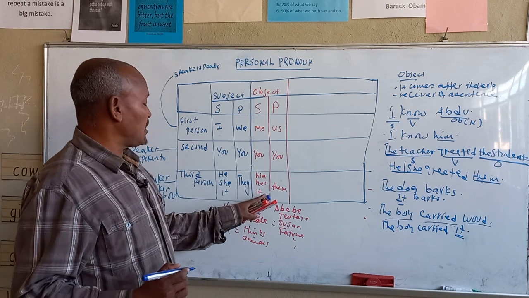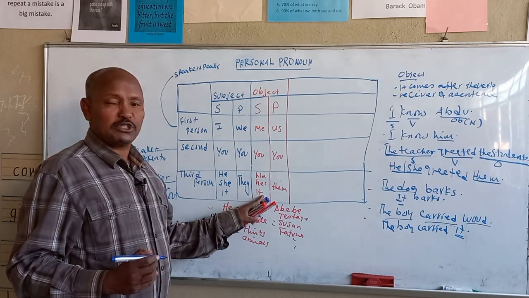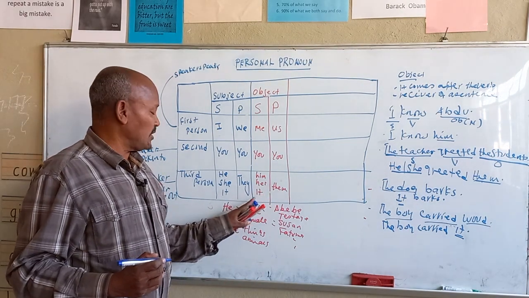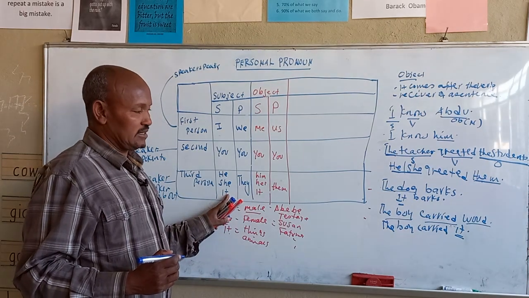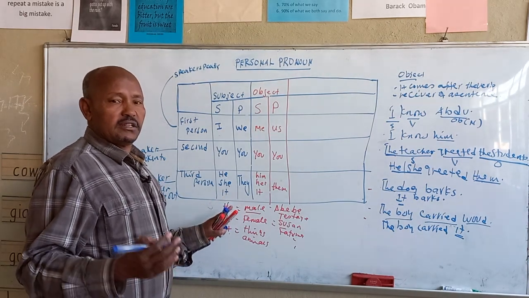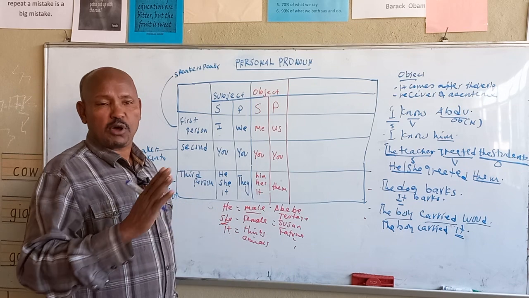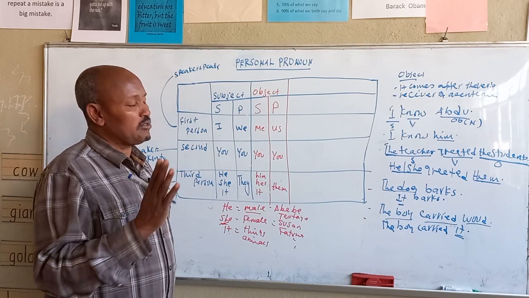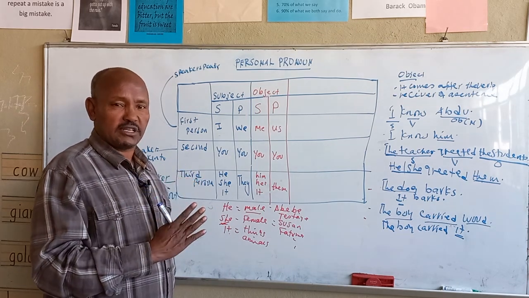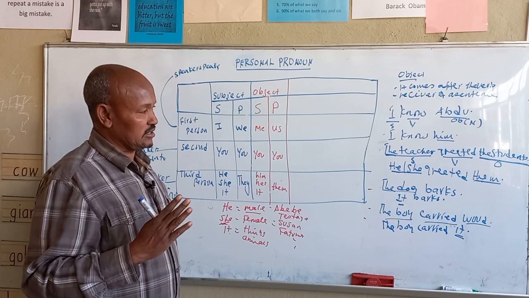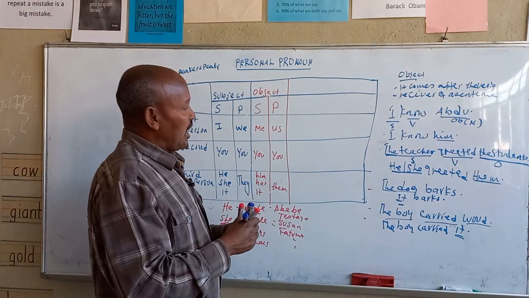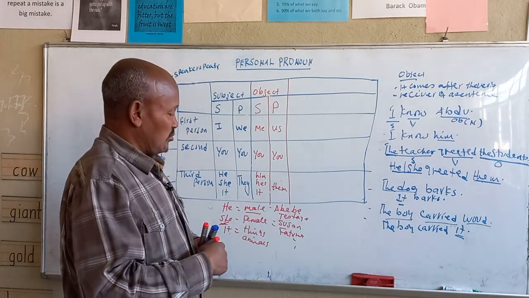It is the same form as an objective form with that of a subjective case. But the place where we use this personal pronoun is different, whether we use these words as the subject of the sentence or the object of the sentence. This is an object of personal pronoun.